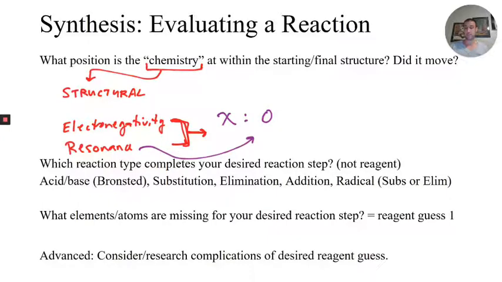Is resonance going to contribute to moving a pi bond, which is now going to change how our structure would look? For instance, if we looked at a carbonyl, we should see that there is chemistry associated around that oxygen, or that oxygen's the center point on this. That chemistry is, first and foremost, that it has lone pairs, but because it is electronegative, it could start to withdraw those electrons.